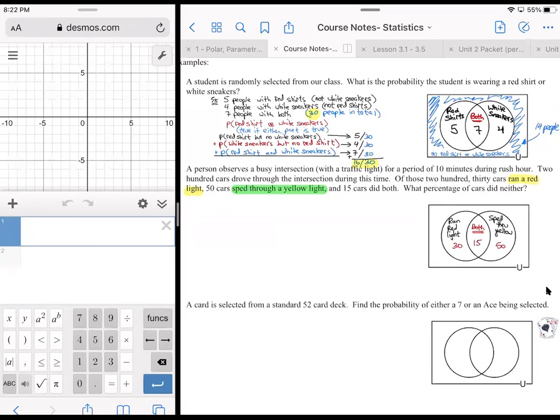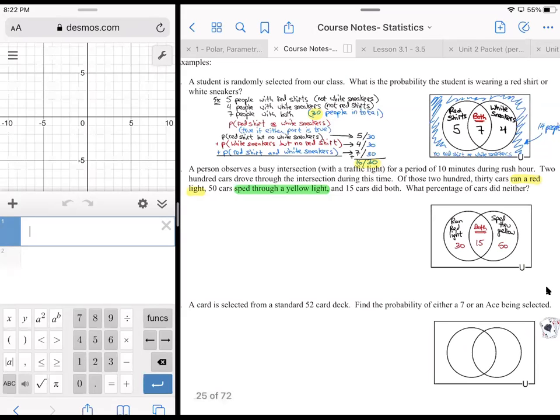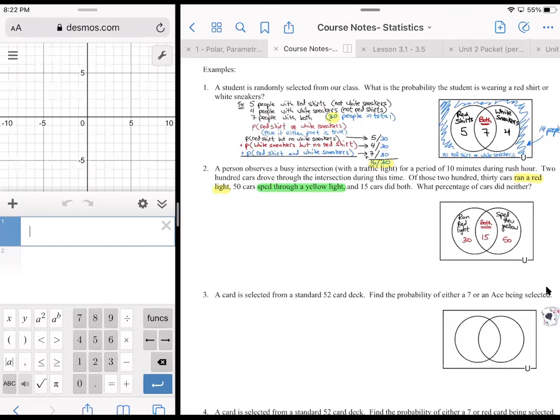But they sped through the yellow light, right? And then the other 15 are the ones that did both, where they sped through the yellow light and then the light turned red in the process, causing them to run the red light. So structurally, it's like this. Otherwise, you'd run into an issue of, well, how do I know which part of the 15 is corresponding to which group?